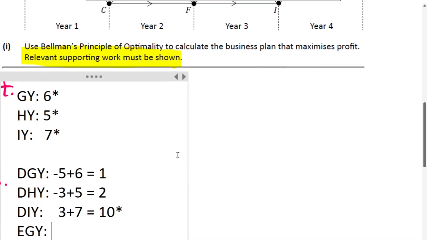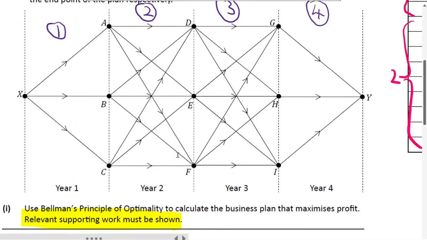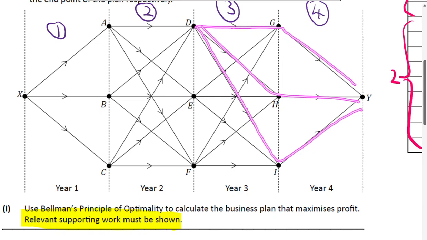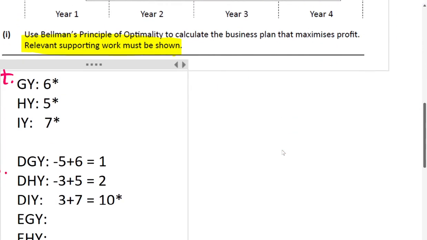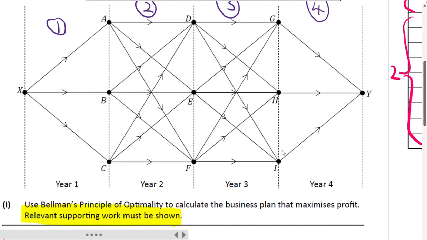So what we've looked at here is, if D is part of our optimal path, what's the optimal way to get from D to Y? So it's either this one, or this one. And what we've worked out by adding the values of those edges, it's DIY.